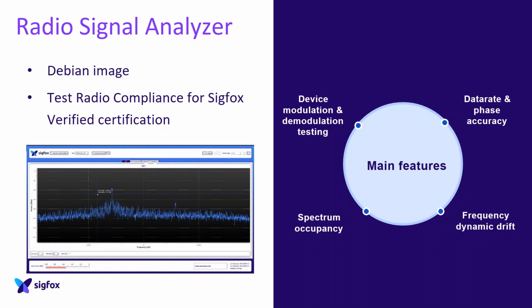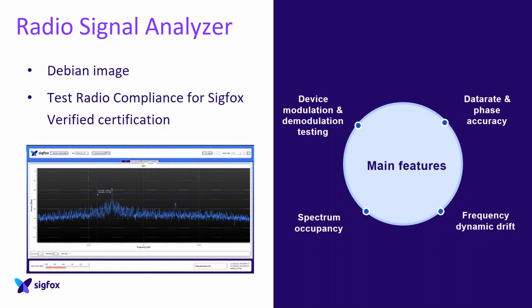The main feature of this software is especially useful when you want to check the device modulation and demodulation testing. So when you are transmitting, the SDR dongle will demodulate your signal, and so we will check the modulation quality of the device. And same thing in downlink. The SDR dongle will send a signal to your device, and then you will be able to check that the demodulation on your device is working correctly.